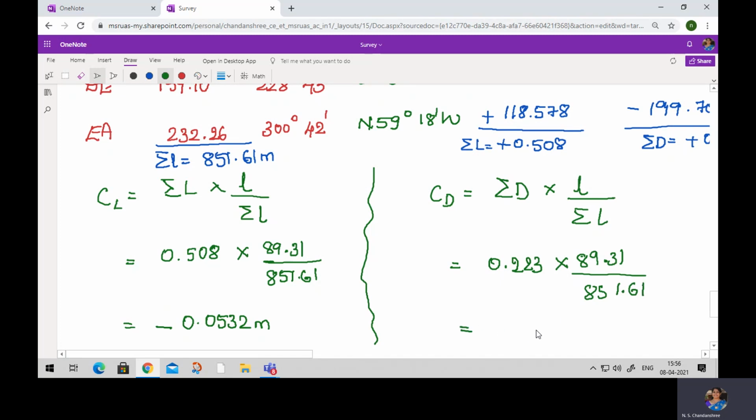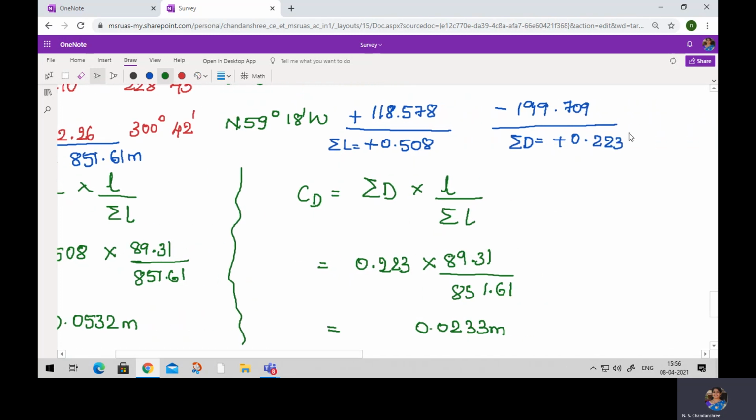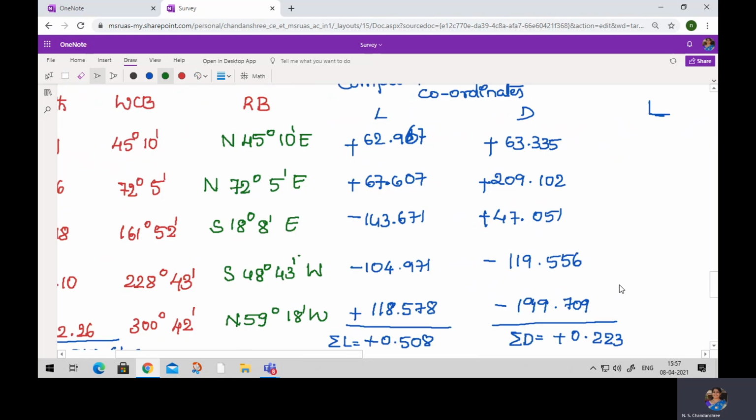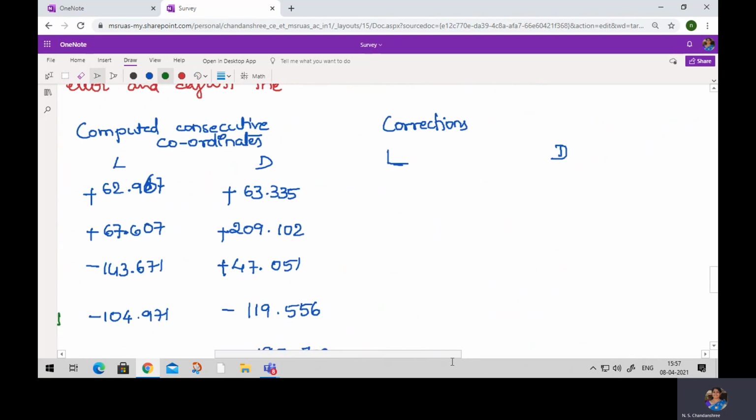So the value is 0.0233 meters. Here again we have to check the sign: the error in departure is positive, so the correction is negative.